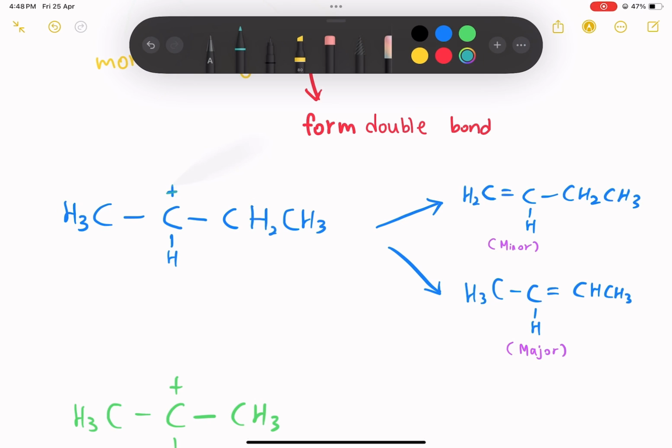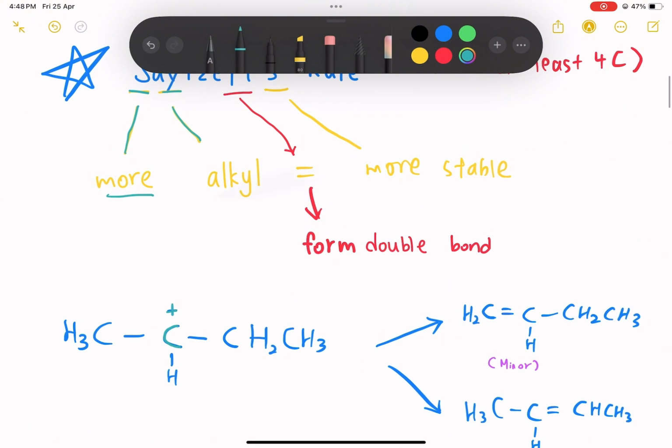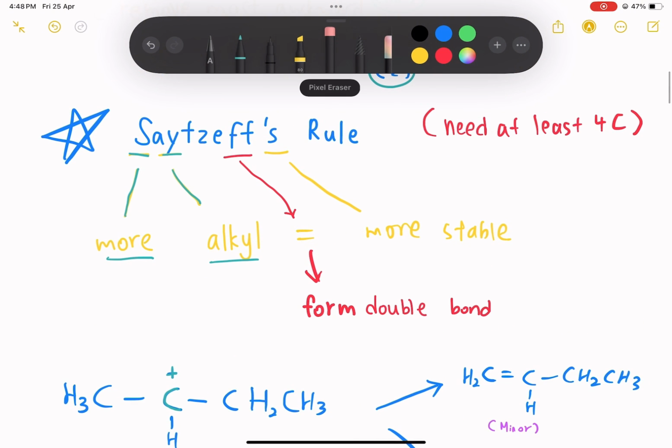When you have a carbocation, you need to consider Saytzeff's rule. From Saytzeff's rule, we know that when you have more alkyl, you become more stable.